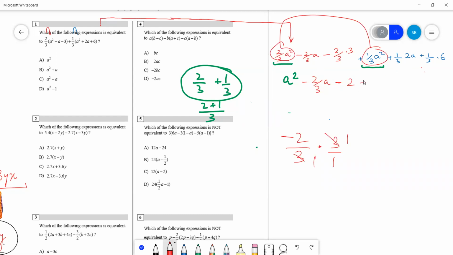And we're having plus 1/3 times 2a. Can we write it as 2/3 times a, in order to keep the numbers as fractions? Because 1 times 2 is 2. Yes, so 2/3 times a, plus how much is 1/3 times 6? 2, correct.